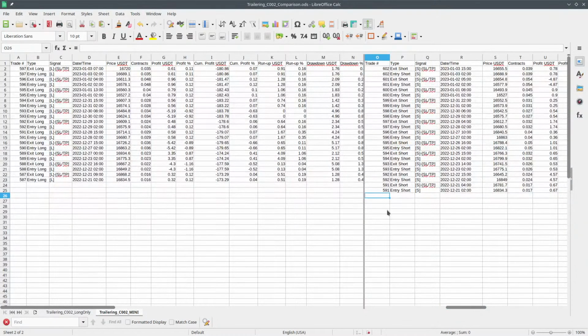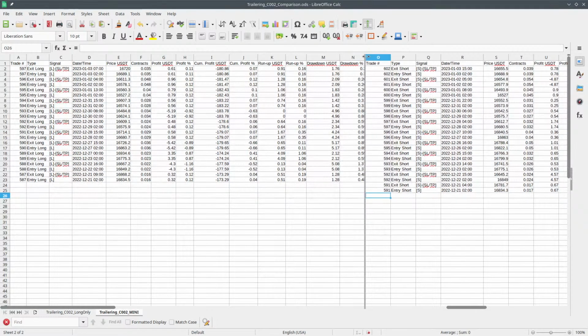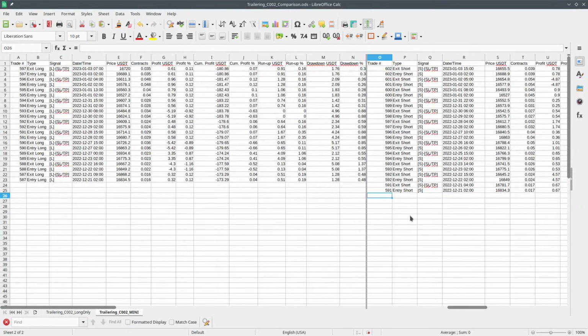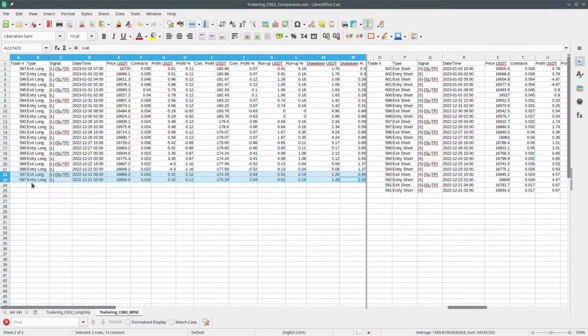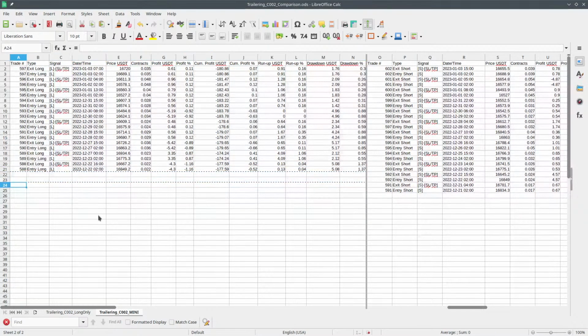Okay, so the first one needs to be 21. So let's move this downwards so that it matches whatever we have here.